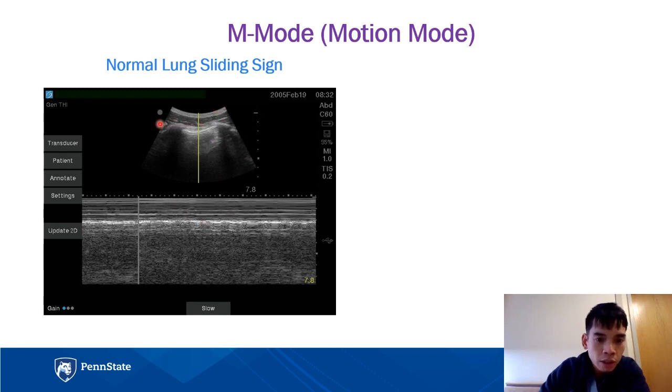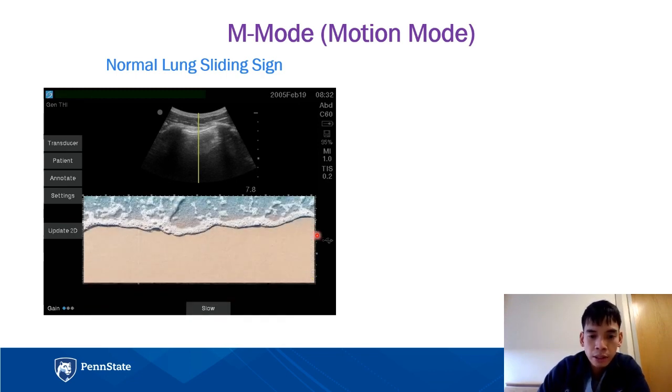Versus when your lungs are inspiring and expiring and moving up and down, breathing in and out, that is going to create a lot of noise, and that noise is going to lead to this stippling image here. That's what some sonographers or clinicians call the seashore sign. So if you ever read the literature and see the seashore sign, they're talking about a normal lung sliding sign in M mode.